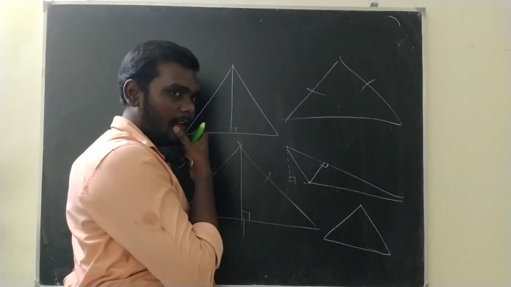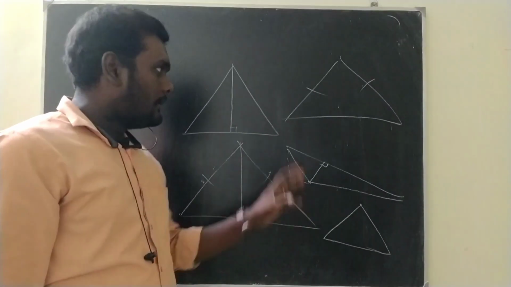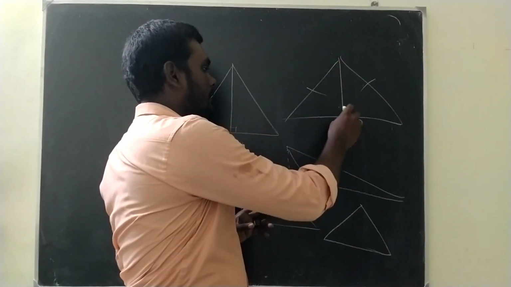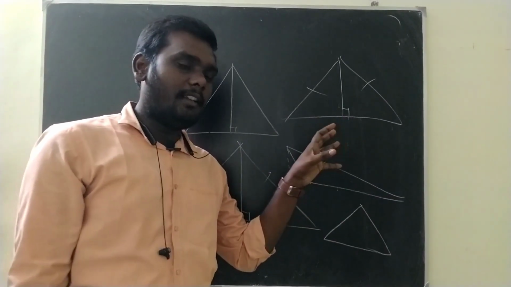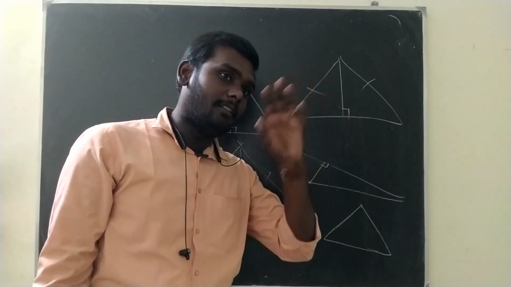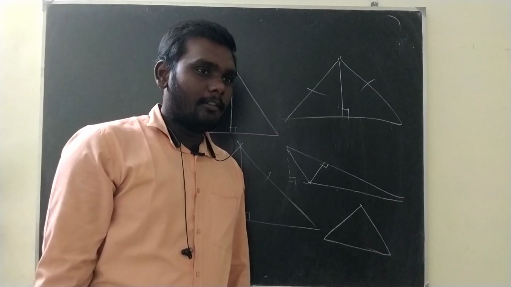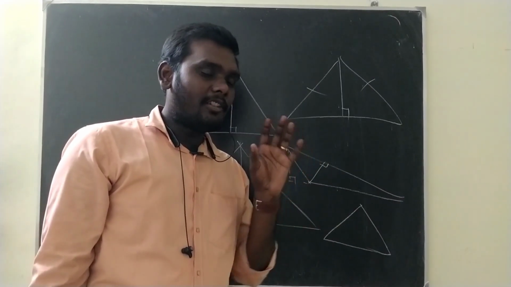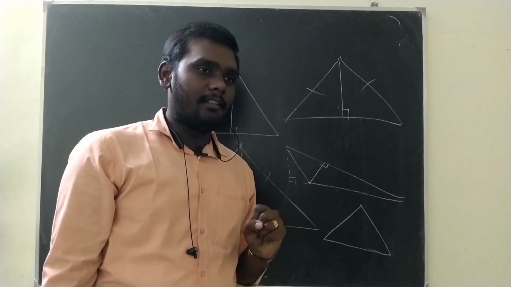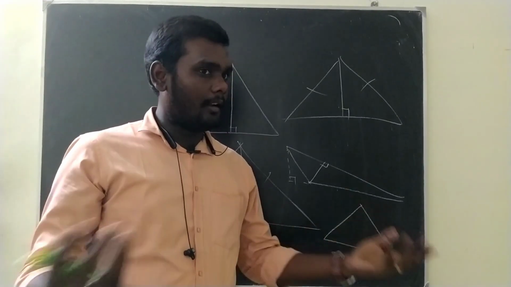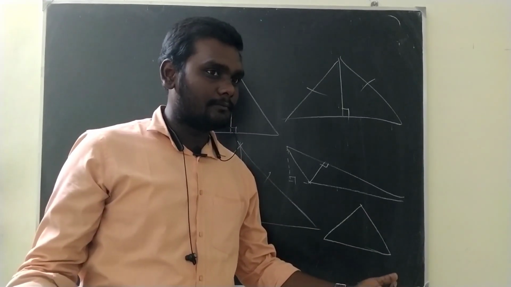We consider this is a right angle triangle. So, it is evident that this right angle triangle is a silent partner of all the types of triangles. So, if we catch hold of that right angle triangle, we can control all the triangles. Is it or not?